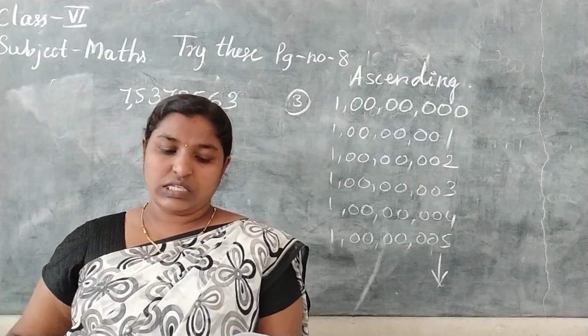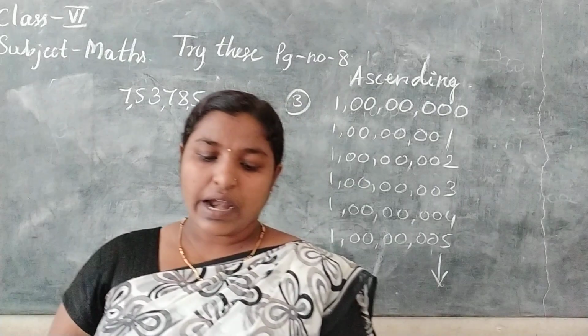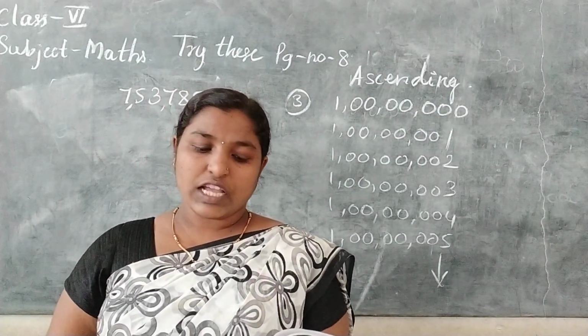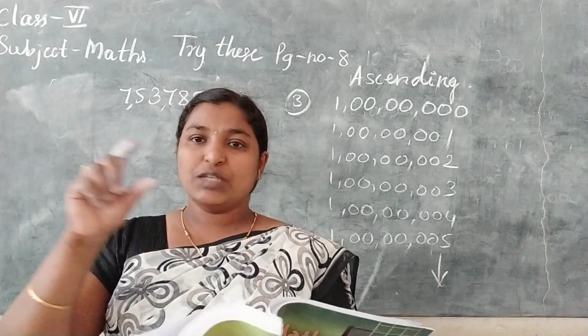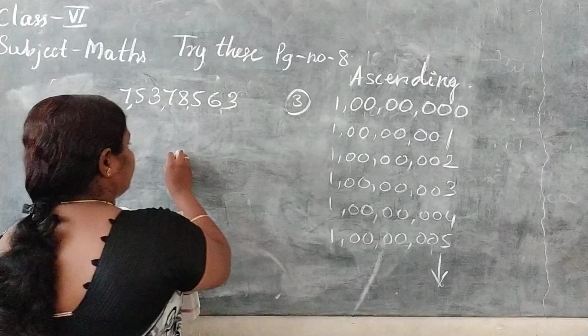Next, see, try these. Page number 11. Read these numbers, write them using placement boxes, and then write their expanded form. So, you should draw placement boxes.